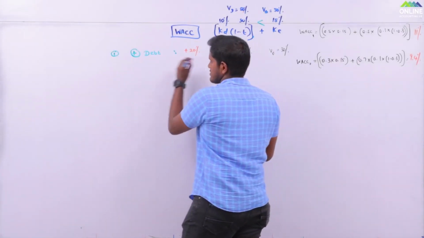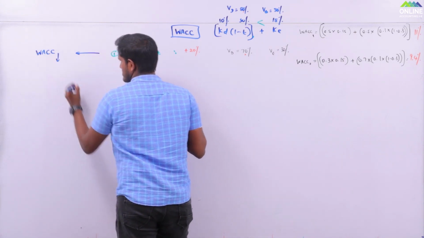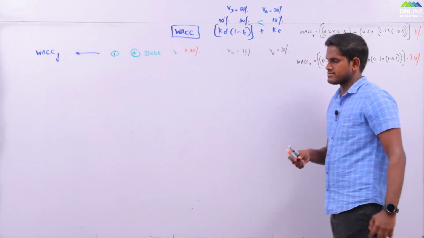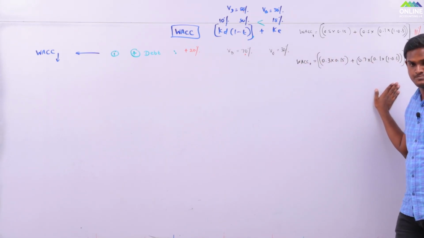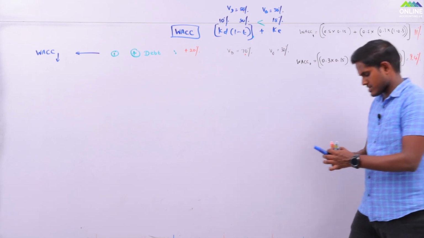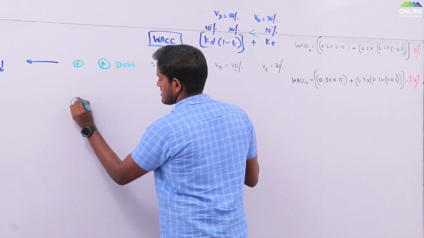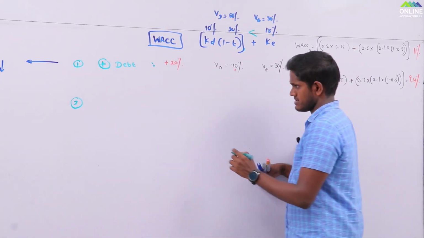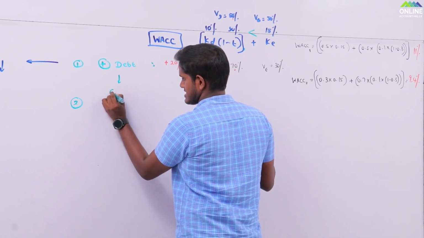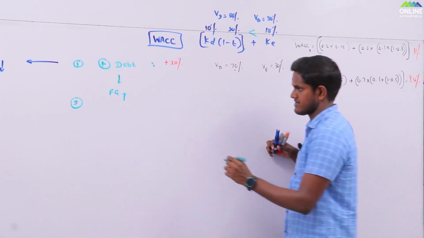Just because I added more debt in the first scenario, my WACC came down. Clear, right? My WACC came down. You are seeing it with some numbers. Right. Now what's going to happen next? When you add more debt, your financial gearing increases.